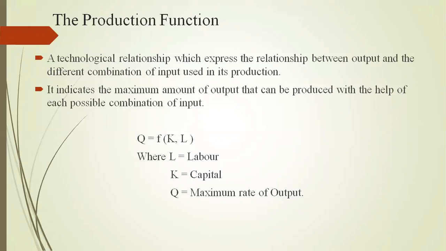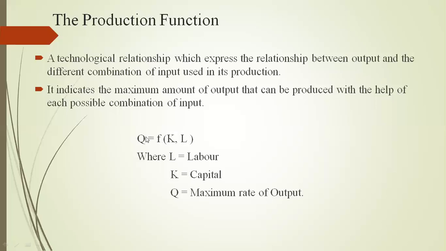So we say that the total production depends upon how much capital you are utilizing and how many laborers you are using. Labor and capital are the inputs, and your total output, whether goods or services, is a function of labor and capital.